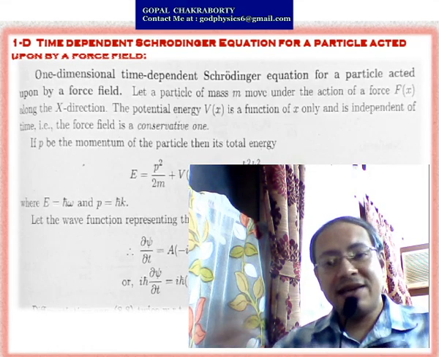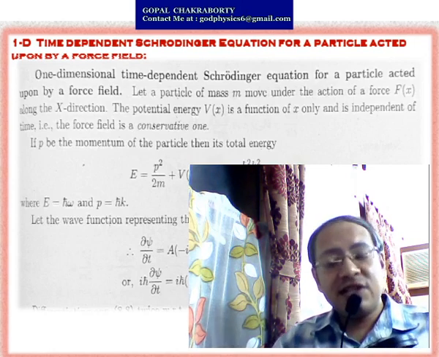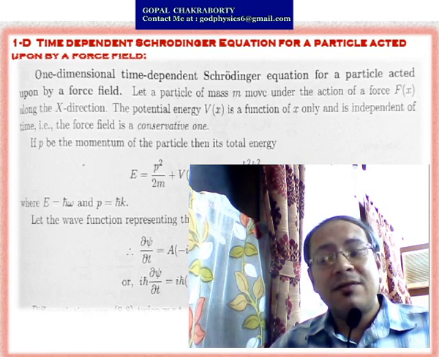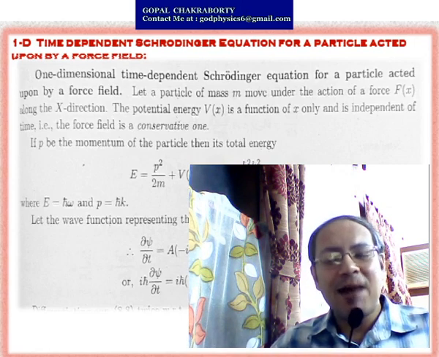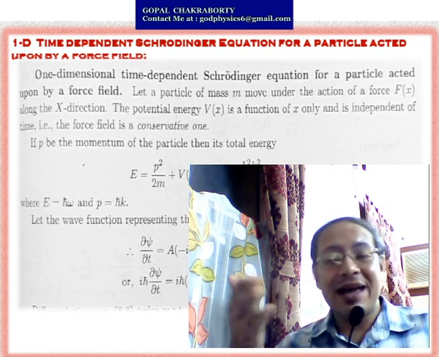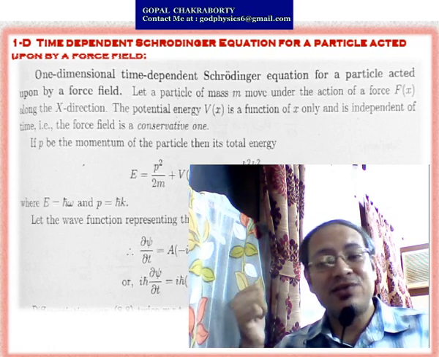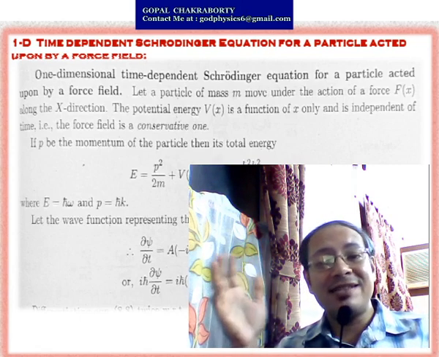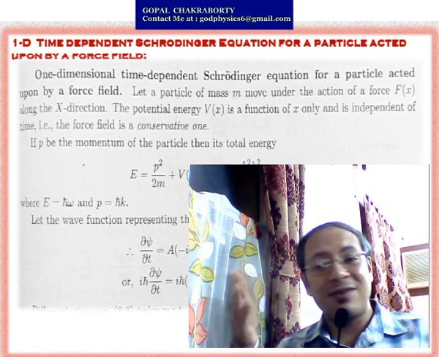The second case is the one-dimensional time-dependent Schrodinger equation for a particle acted upon by a force field. Again I will explain how we derive this Schrodinger equation. The process is the same as I discussed for the first one.